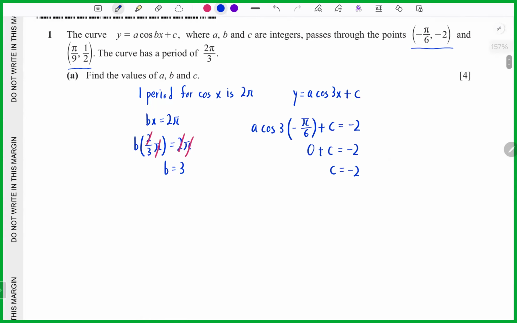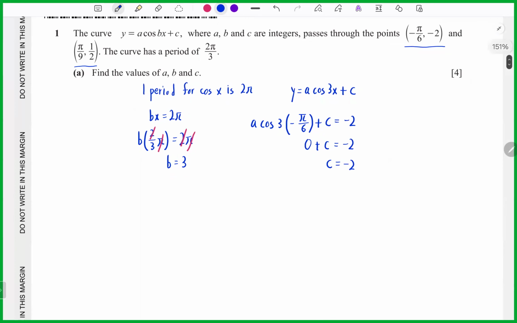Now we can use another coordinate. a cos 3 bracket pi over 9, and then minus 2 equals 1 over 2. a cos of 1 over 3 pi, cos 1 over 3 pi is 1 over 2.